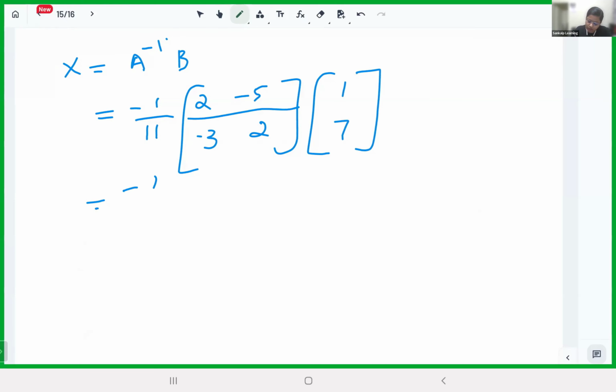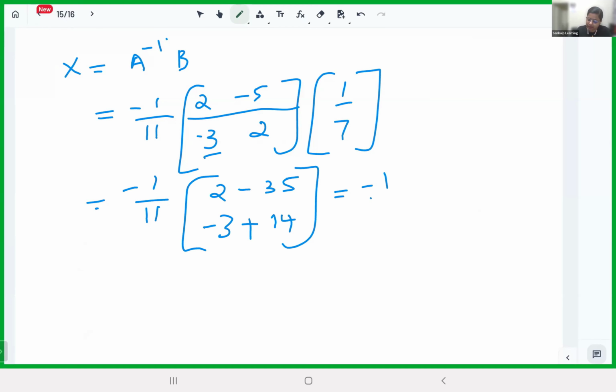On doing the matrix multiplication, we get 2 into 1 is 2, minus 5 into 7 is minus 35, then minus 3 into 1 is minus 3, plus 2 into 7 is 14. So that is equal to minus 1 by 11 into [2 minus 35 = minus 33; minus 3 plus 14 = 11].